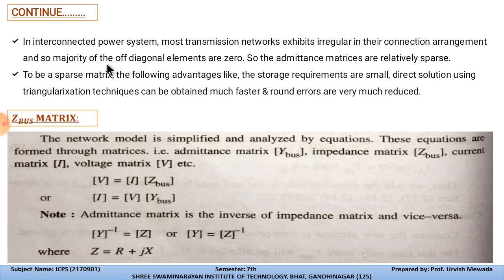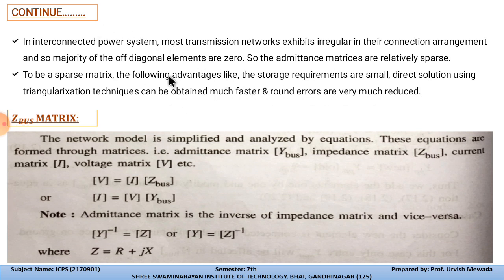A sparse matrix has the following advantages: the storage requirements are small, the direct solution using the triangular technique can be obtained much faster, and round-off errors are very much reduced.